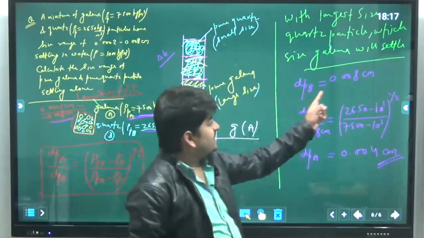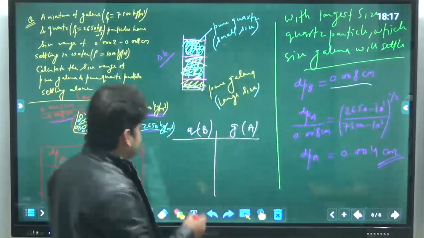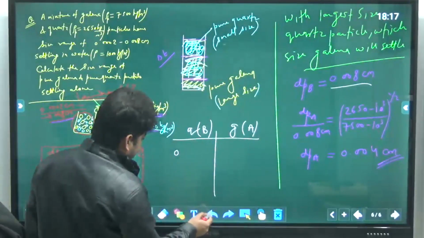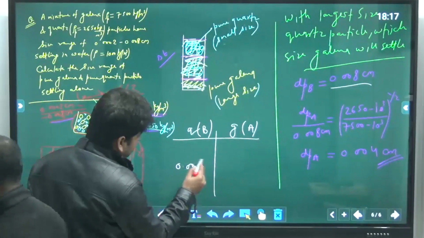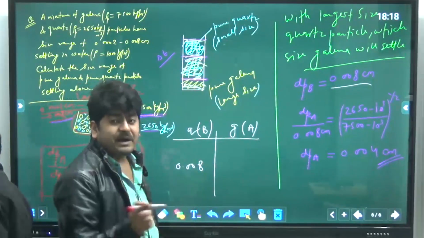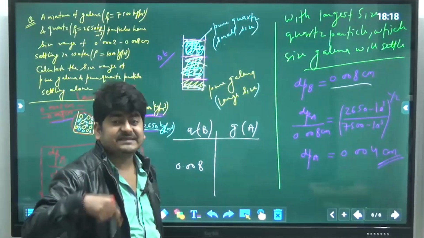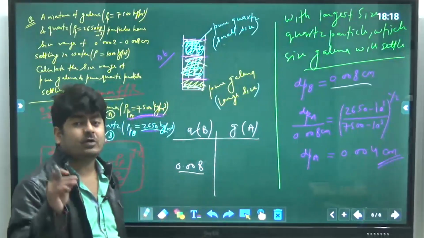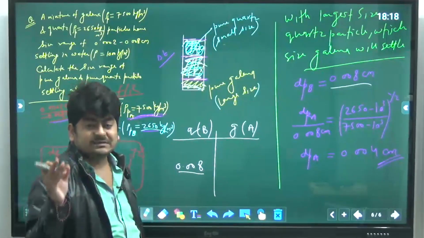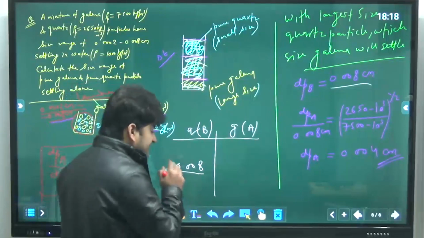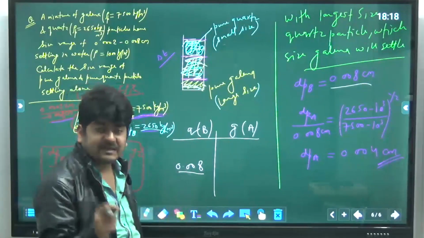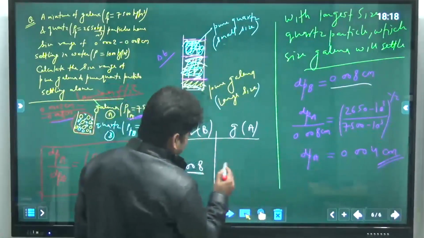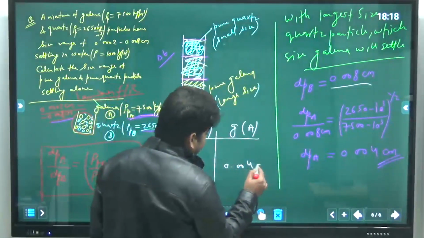So when quartz particle size is 0.008 centimeter, the galena particle which is settling with it, which has the same settling velocity as this quartz particle, is 0.004 centimeter.